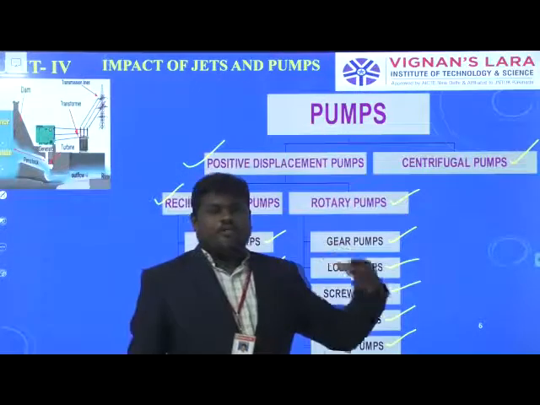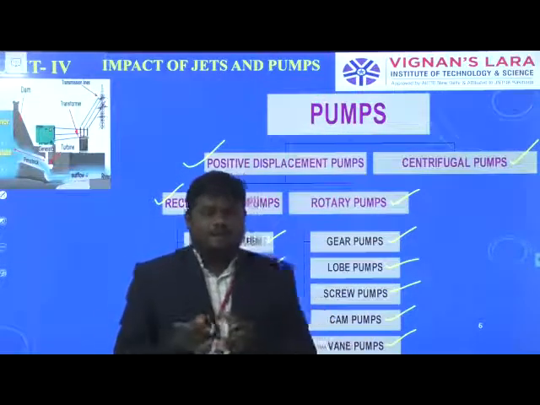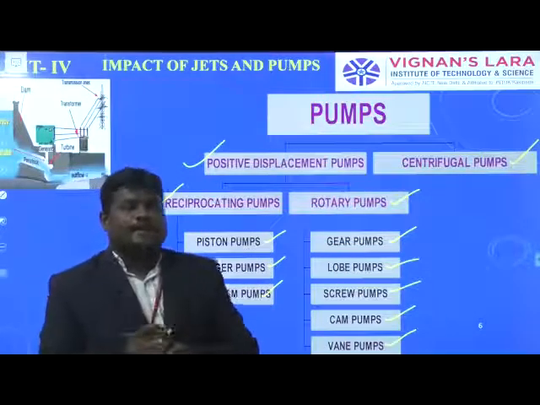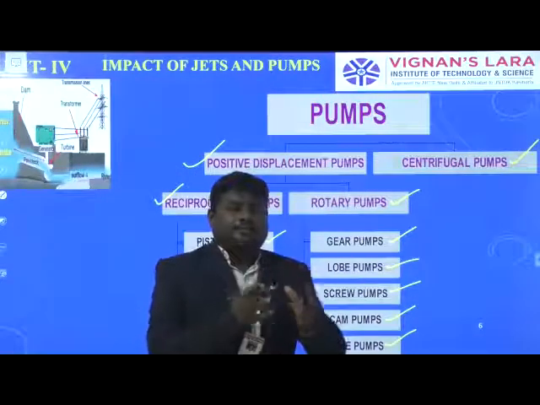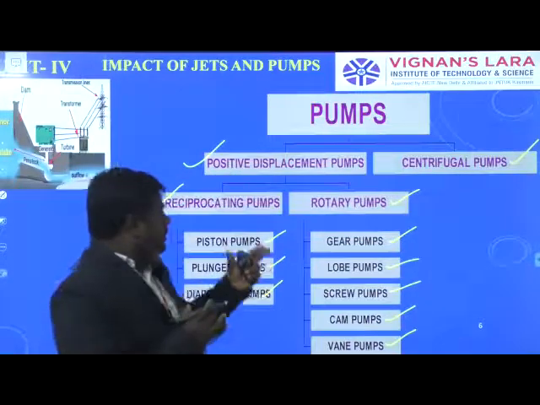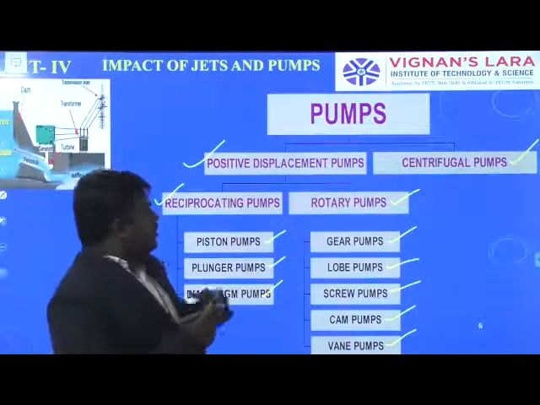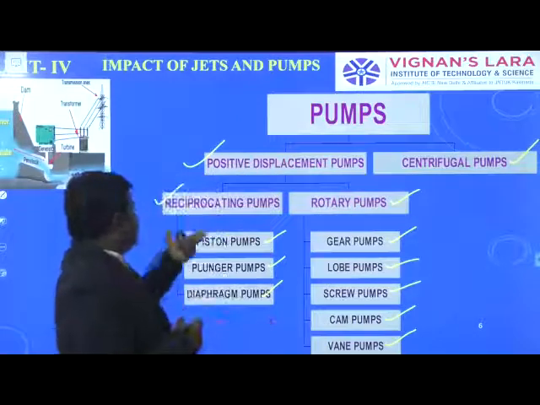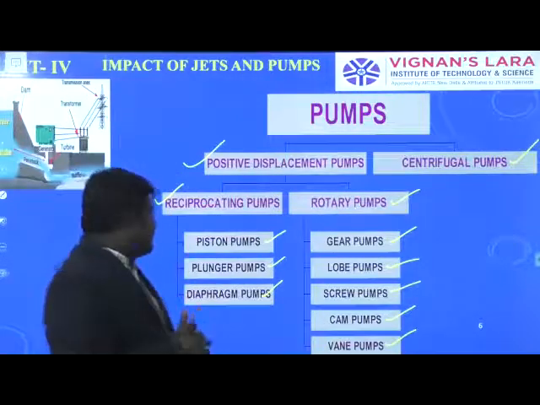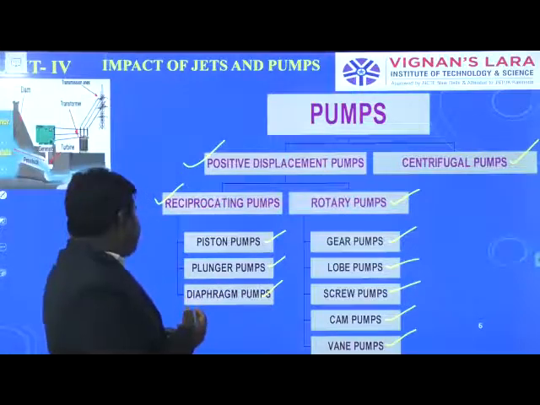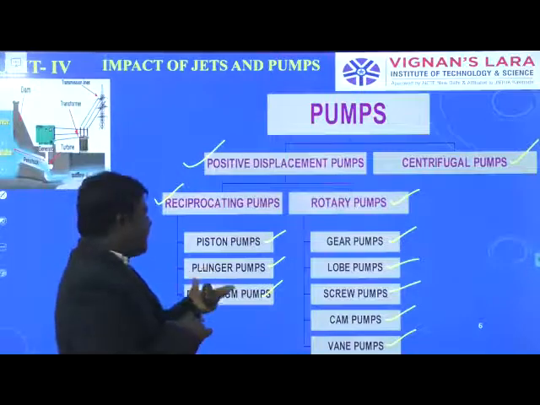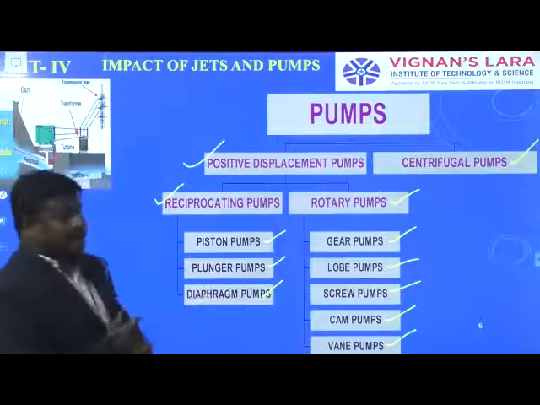The first one is positive displacement pumps. In positive displacement pumps, there are two types: reciprocating pumps and rotary pumps. Then there are centrifugal pumps. The reciprocating pump has three types: diaphragm pumps, plunger pumps, and piston pumps.